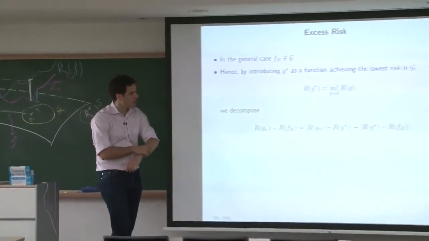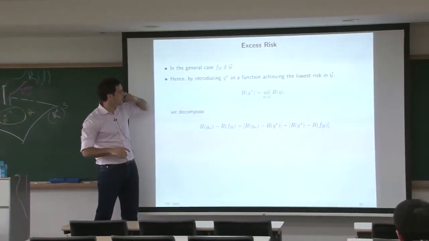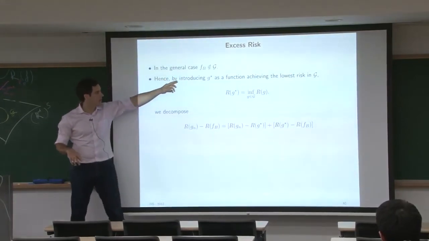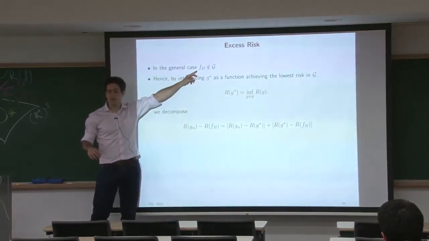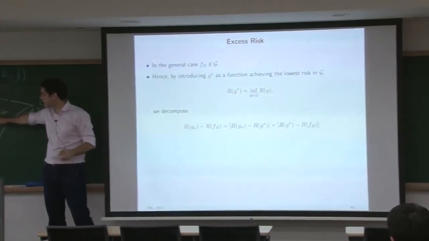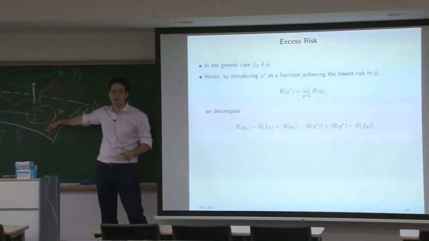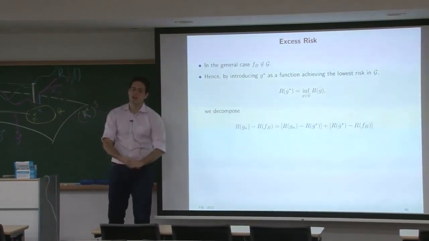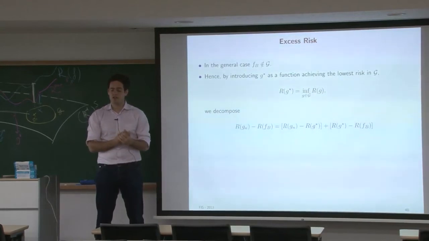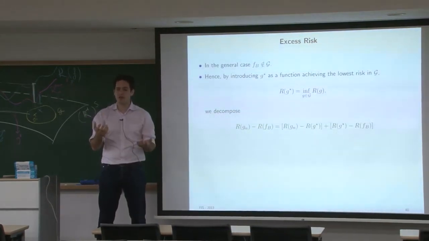So if you really look at the problem of estimating all those functions, it's very likely that the base risk, so the base classifier, the base decision, will not be in G. Okay? So for instance, let's say that you use linear regression to estimate the relationship between the height and the weight.